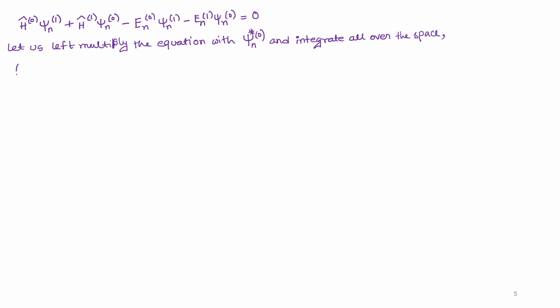We'll get something, this is the integral all over this space, this is the volume element, left multiply by psi n 0 star of that, unperturbed Hamiltonian psi n 1, then we'll write it like that, psi n 0th complex conjugate of that. Now hn1 psi n 0 minus d tau.